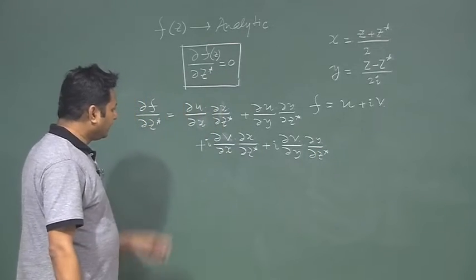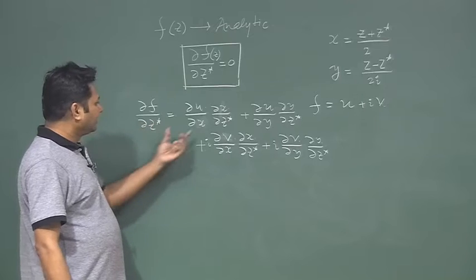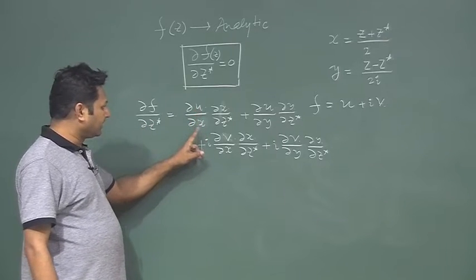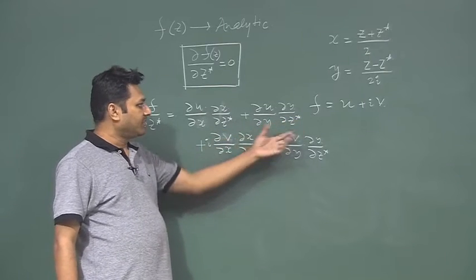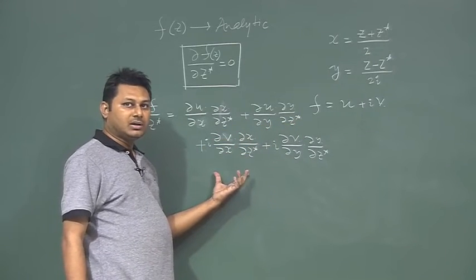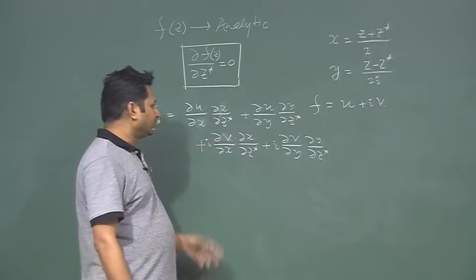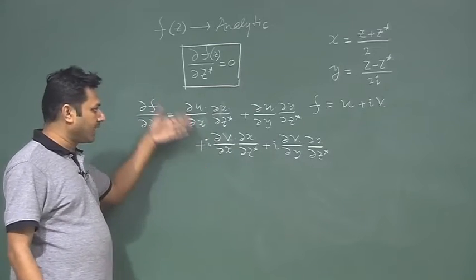The separation of variables, you can do by just writing del f del x and del f del y, and del f del x again you can write in terms of this. So, it will come to the same form. So, I just did that at a stretch.